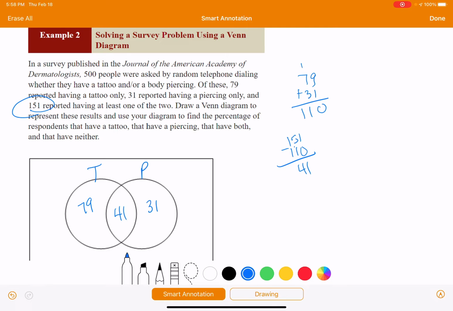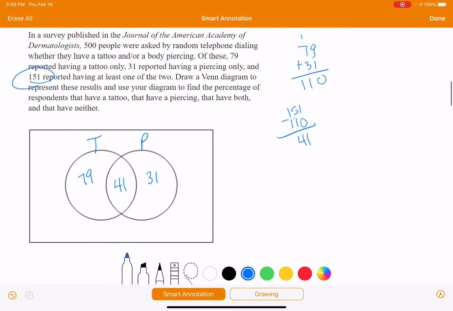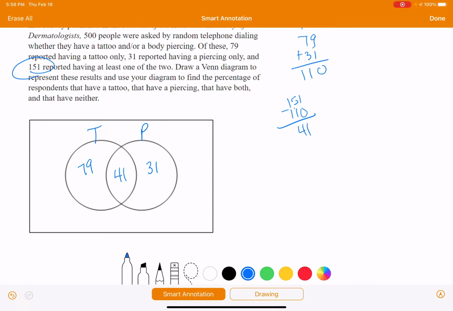Okay, that's my intersection. All right, now I need to figure out my neither out here, part 4, and to do that, I need to take my total people surveyed minus the total people here, which was 151. And I get 349. So that's 349 have neither.